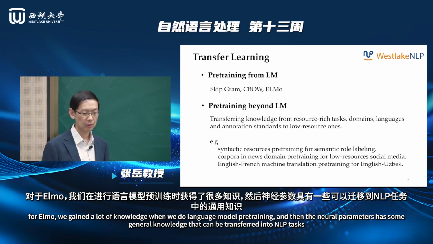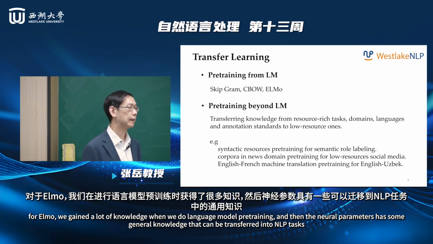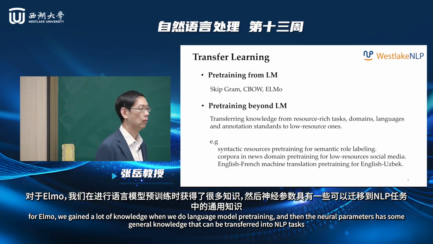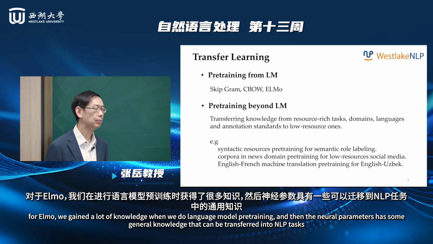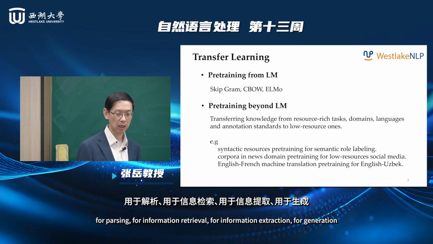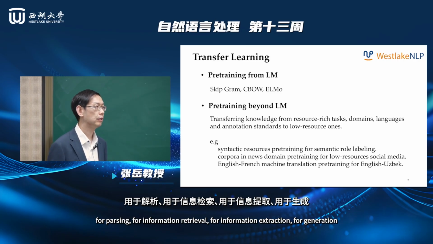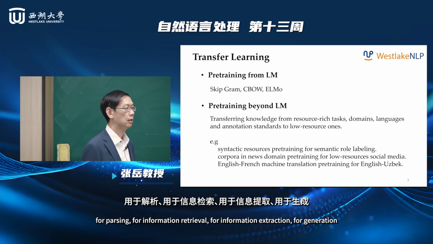For ELMo, we gain a lot of knowledge when we do language model pre-training, and then the neural parameters have some general knowledge that can be transferred into NLP tasks, for parsing, for information retrieval, for information extraction, for generation.